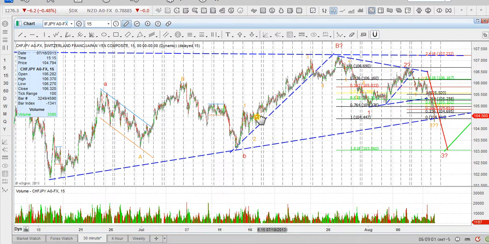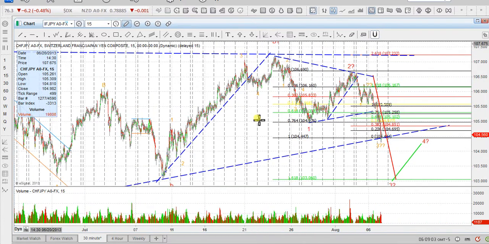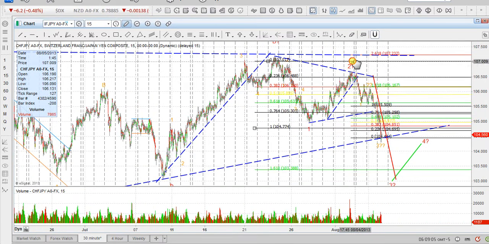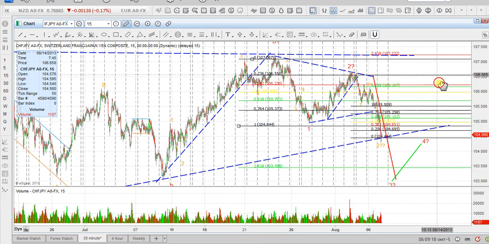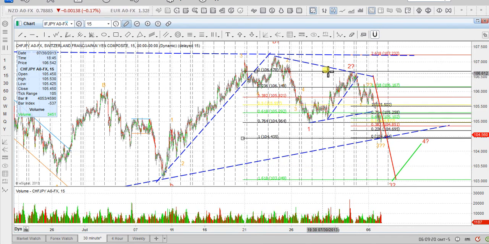Now as you jump down on the hourly charts, we see that we had wave 1, which is followed by a 76.4% correction, represented by this 0.236 fib level. Then we see that prices actually pushed down 100% and surrounded the 104.43 level.